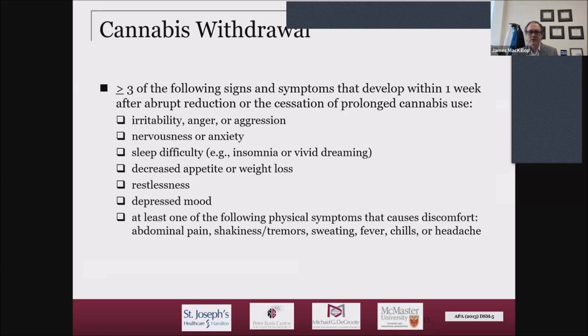It mostly includes intrusive negative affective states, so feeling anxious, angry, aggressive, irritable, restless, depressed. There's also typically decreased appetite or weight loss, and then some physical symptoms also, so abdominal pain, shakiness, sweating, fever, chills, or headache. So if a person discontinues their heavy cannabis use and experiences 3 or more of these symptoms, we would consider them having met the criteria for cannabis withdrawal.